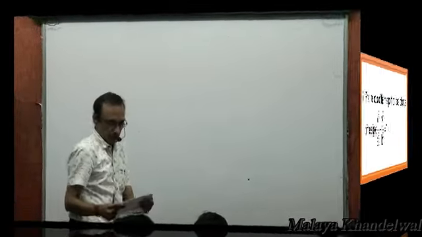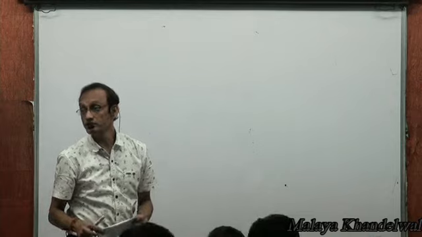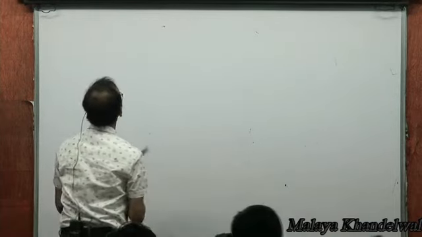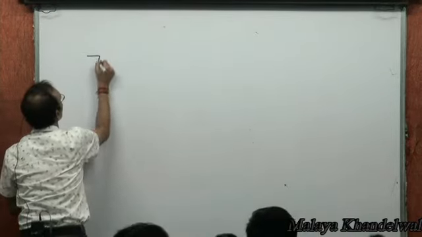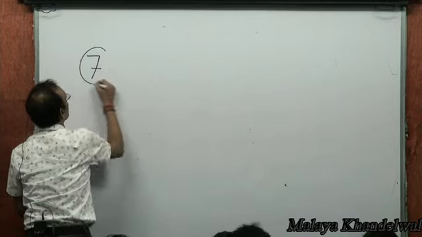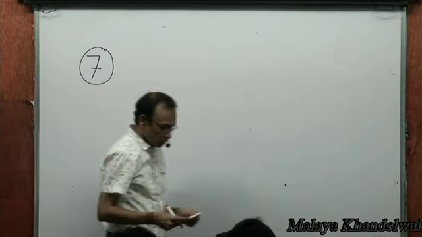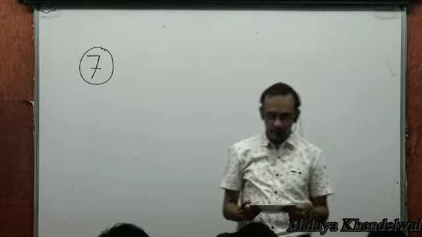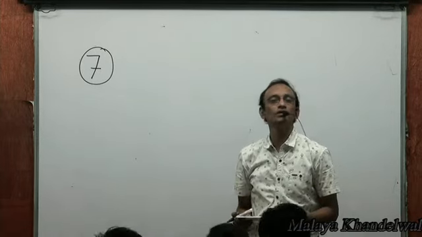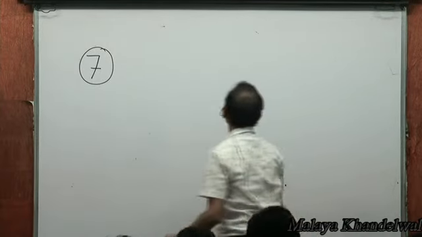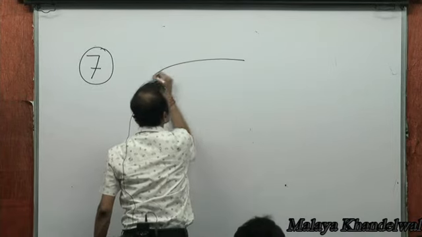Problem number 7. We want to find the locus of the midpoints of focal chords of the ellipse. This is an ellipse.